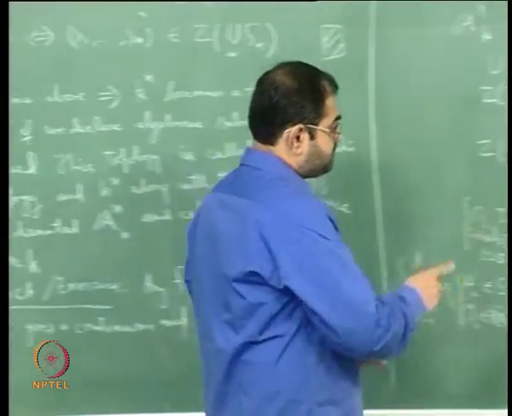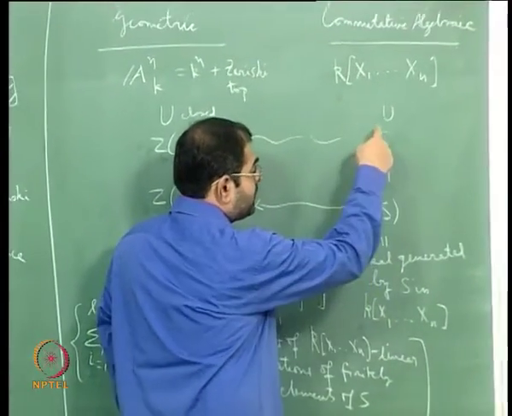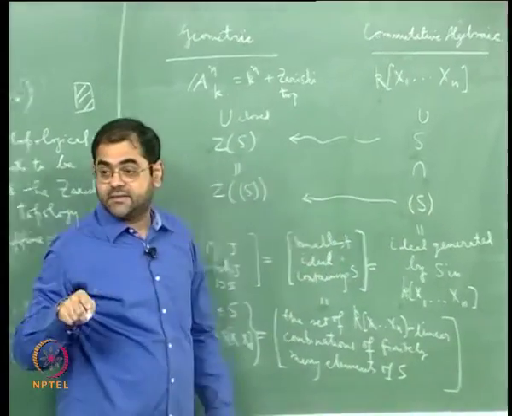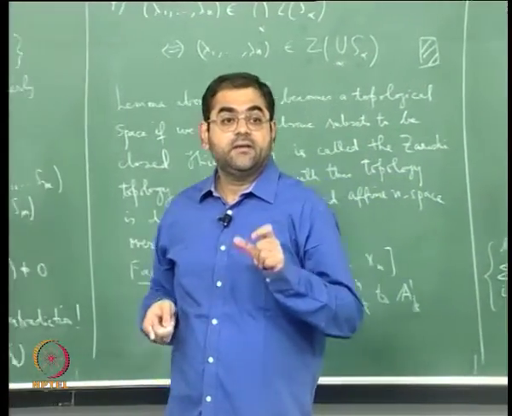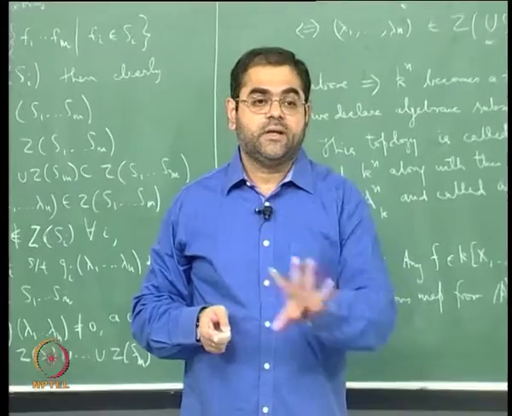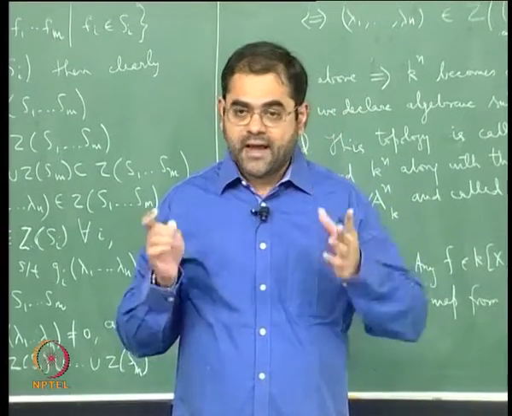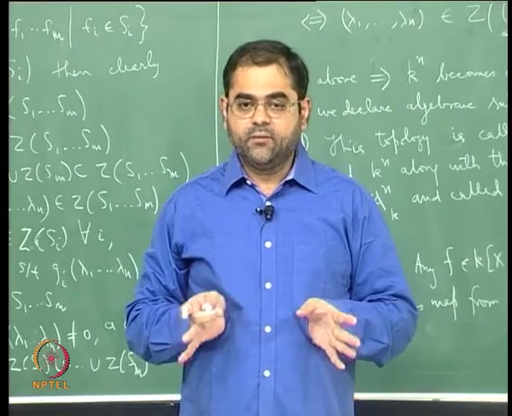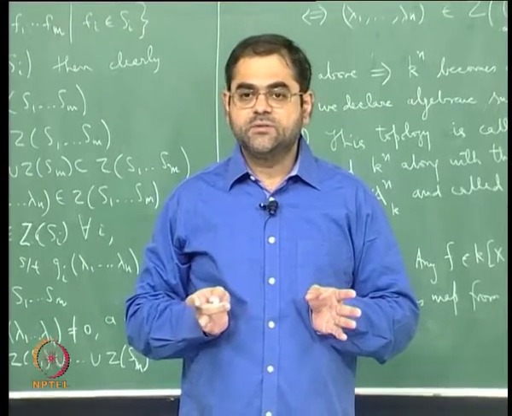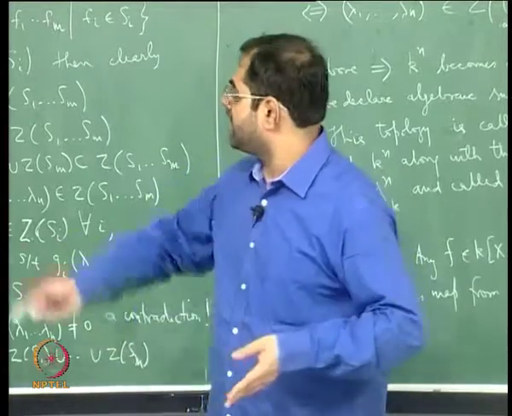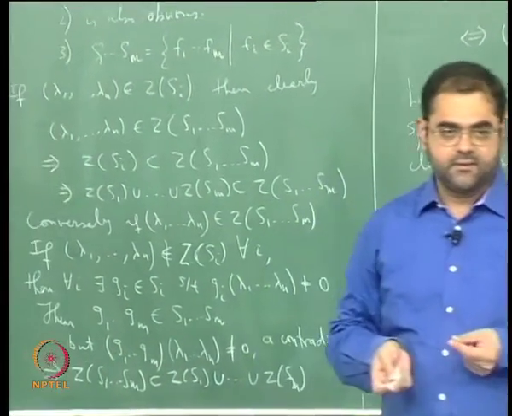The fact is, if you take not just a singleton set, if you take any set and take the ideal generated by that, that ideal will be generated by only finitely many elements. So what it means is that you are actually always looking at the common zeros of only finitely many equations, even if you start with infinitely many equations.